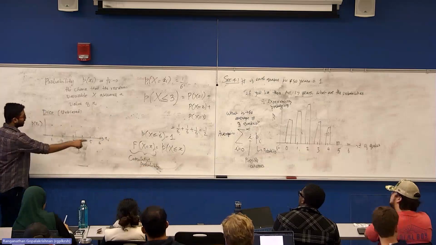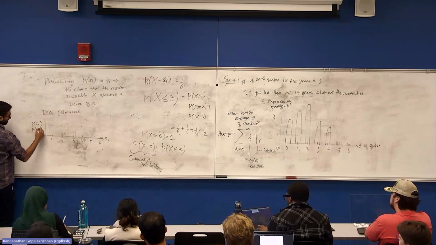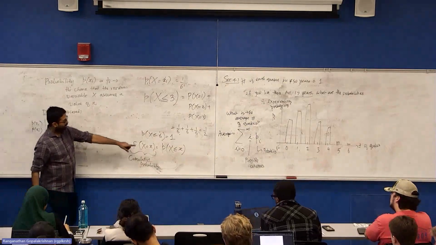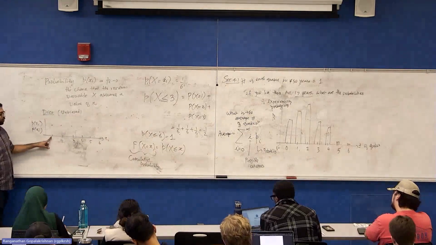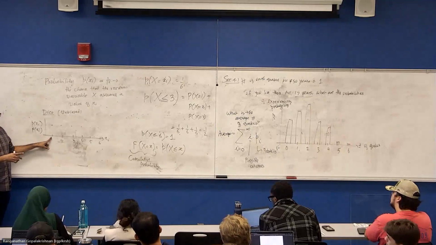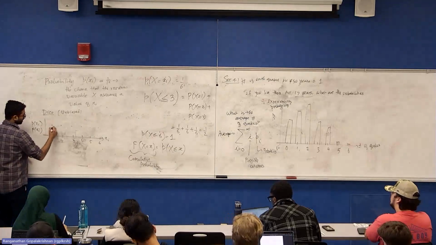So if I ask you to graph cumulative probability on here, f of xi, how will that look like? When you are at 1, you have to ask what is the value of it assuming 1 or less, which is just 1/6, right? So the value will look something like this.